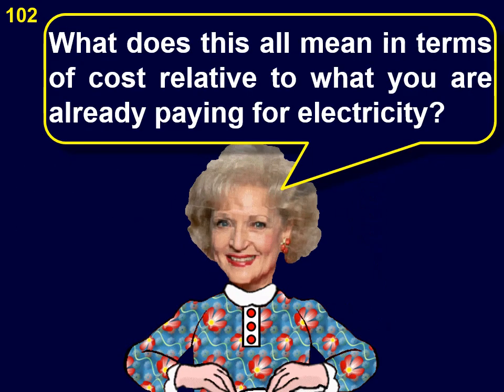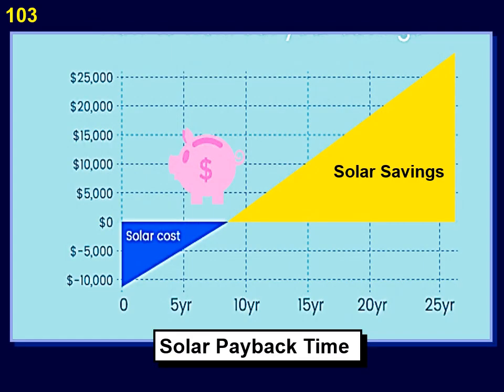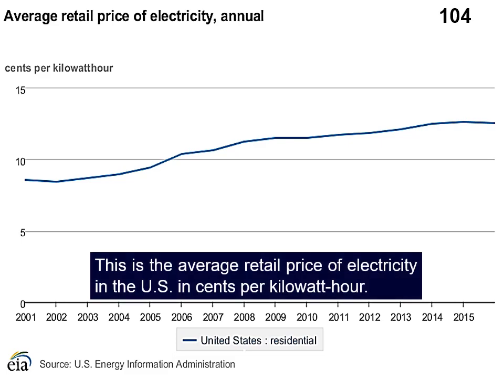What does this all mean in terms of cost relative to what you are already paying for electricity? This is an example of solar payback time. This is the average retail price of electricity in the U.S. in cents per kilowatt-hour.